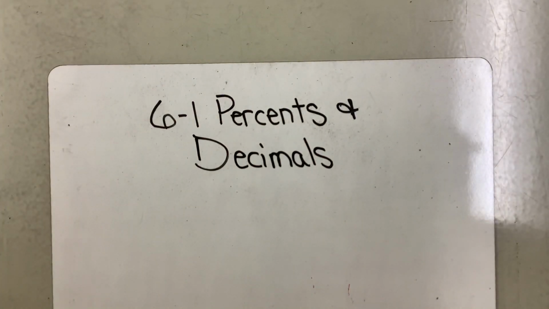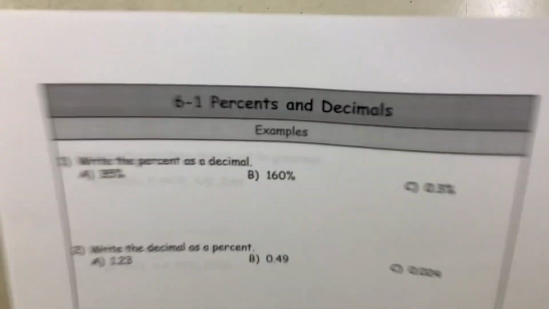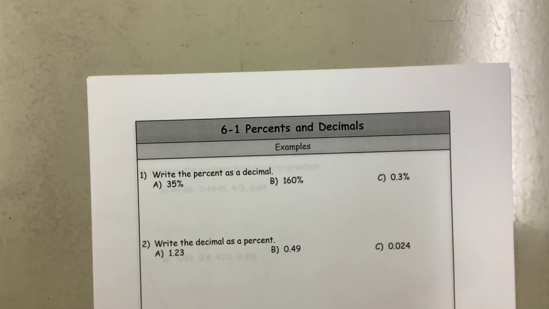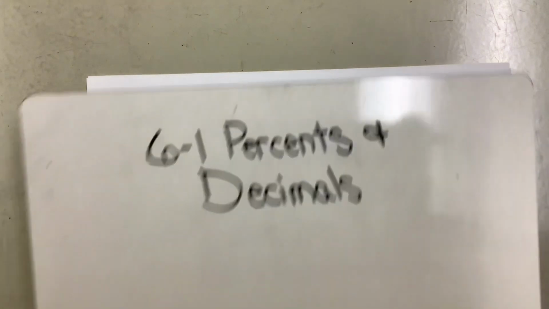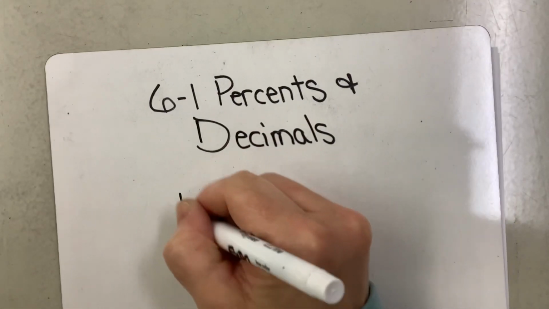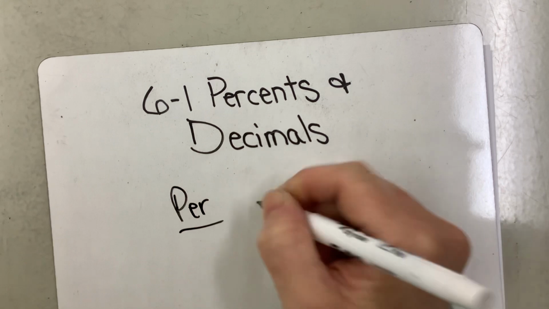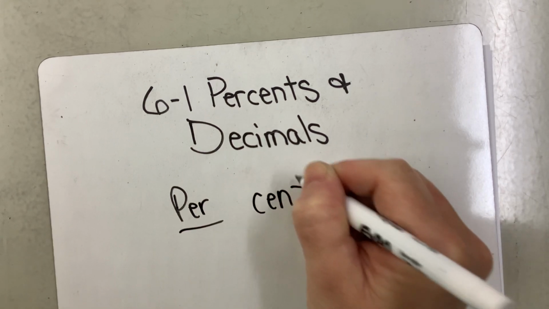So the first one is 35%. We want to turn this into a decimal. Percent means per cent. Well, how many cents are in a dollar?